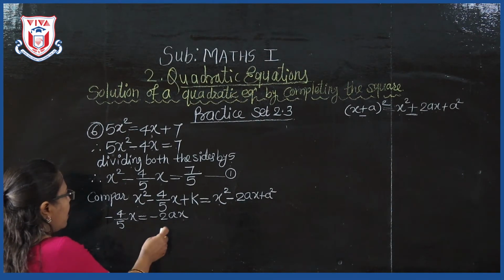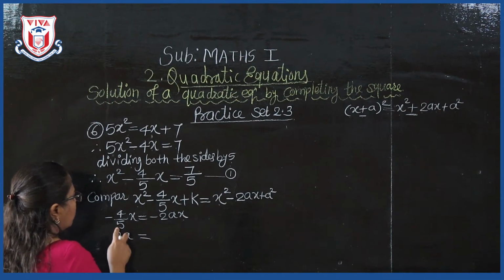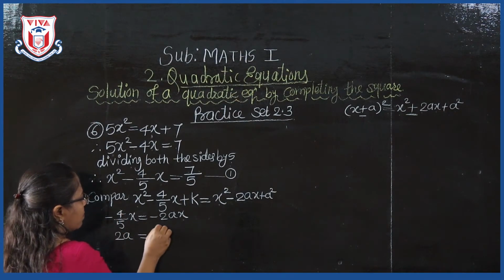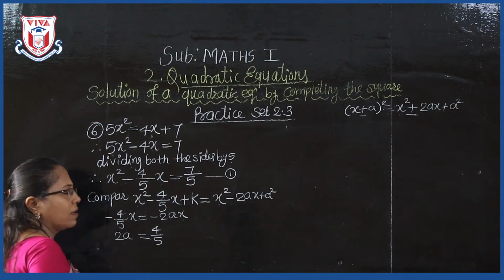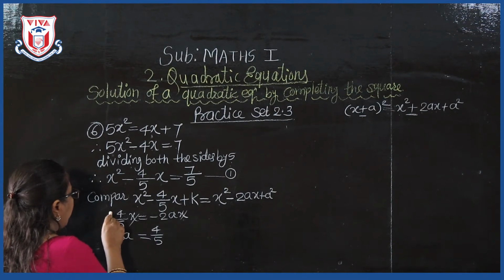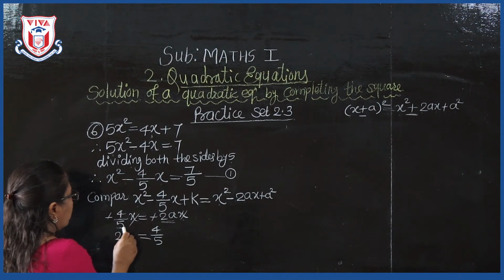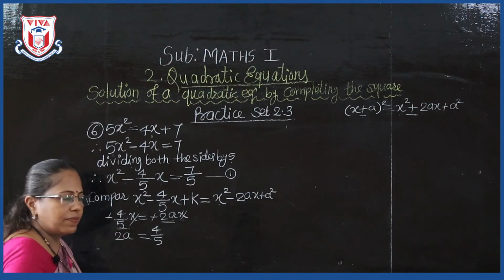So we will get 2a equal to 4 upon 5. Followed this step, this x gets cancelled, minus sign is also cancelled. So 2a equal to 4 upon 5.